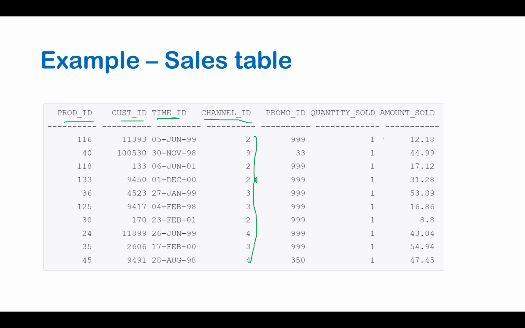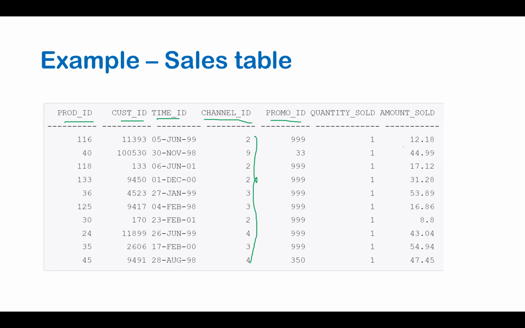So you can go for list partitioning on promo ID, and on channel ID also list partitioning. And for time ID, you can go for range partitioning. You can put some ranges.